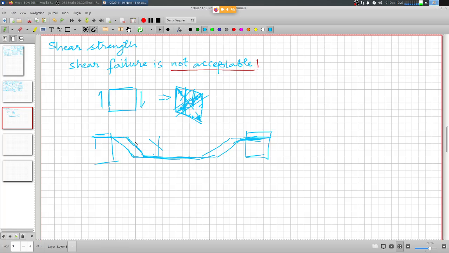There is another issue here. This is fine as long as we are looking at only gravity load design or monotonic load where the shear does not change sign, right? There is no reversal of loads.